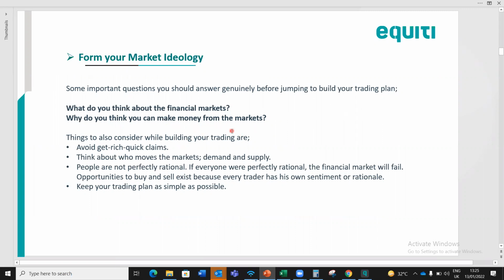I can tell you, a lot of times, some persons, the reason why they trade the financial market is probably they heard that a lot of people are making money from the market. Of course, that is true, but should that be the only thing you know about the financial market?